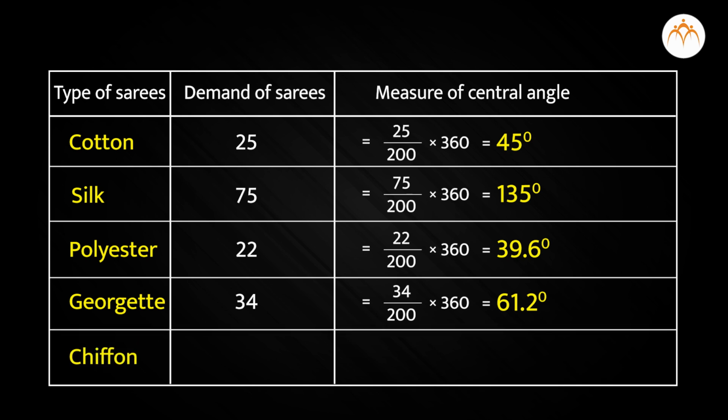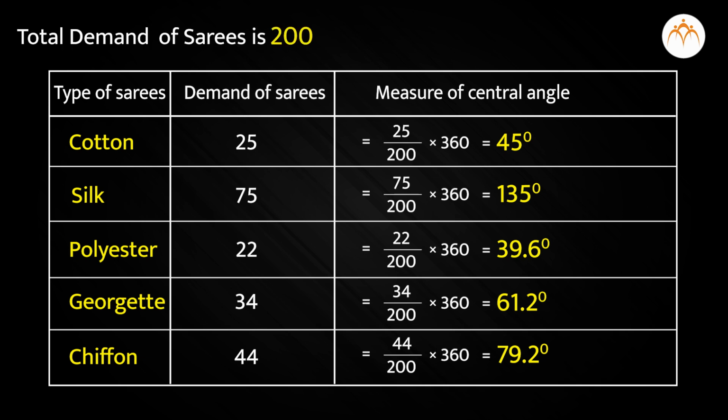Chiffon saris, demand is for 44 saris, measure of central angle is equal to 44 divided by 200 into 360 equal to 79.2 degrees. Total demand of saris is 200. The total of measure of central angles is 360 degrees. Let us draw a pie diagram.